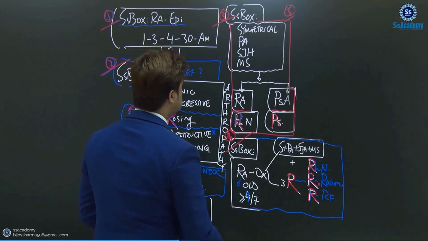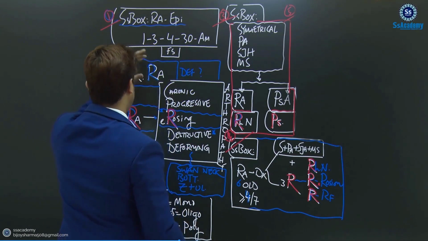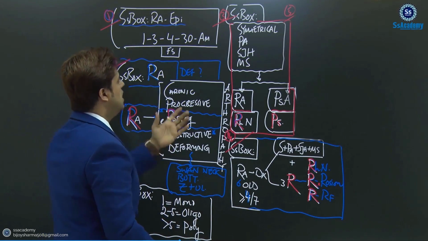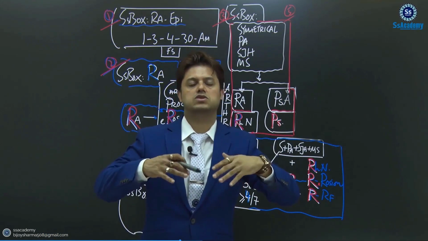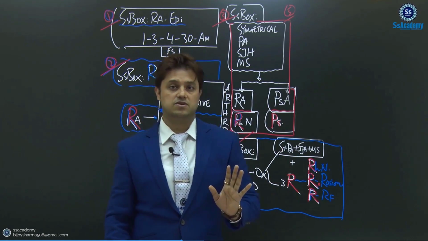So yes, my dear, the boxes are really important. The rheumatoid arthritis epidemiology, rheumatoid arthritis definition, and mainly the symmetrical polyarthritis, small joints of the hands, morning stiffness, RA, PSA, R for rheumatoid nodules, and PSA for psoriasis.